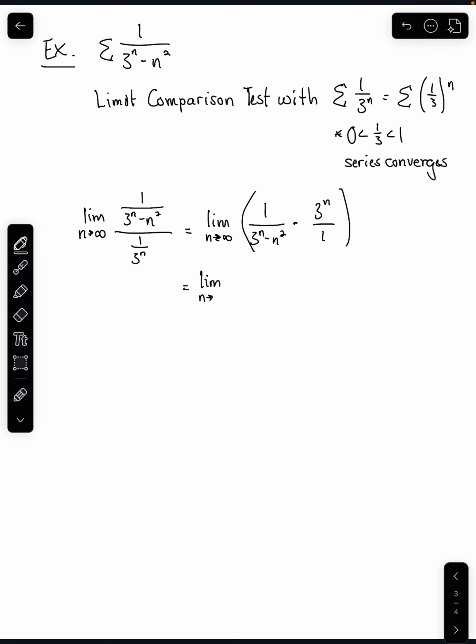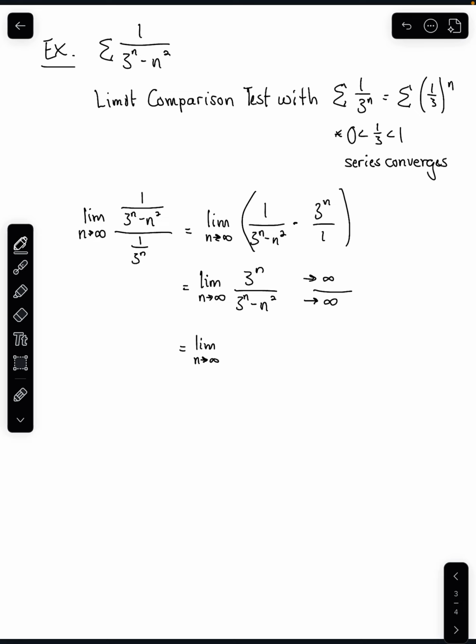Now, unfortunately, this is not a rational function because the numerator and denominator are not polynomials, but it is pretty clear that both the numerator and denominator will approach infinity, and that means that we can use L'Hopital's rule.